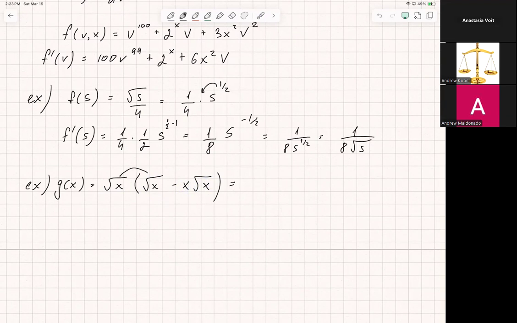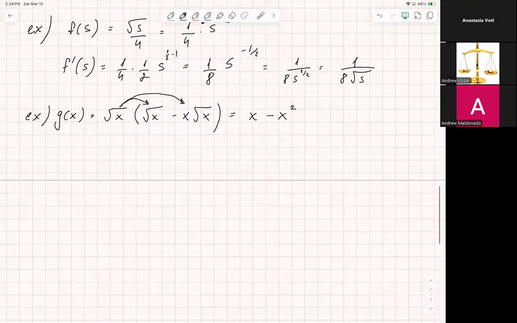So we just distribute the square root of x, and we have, okay, square root of x squared, right? So we have just x, and then minus x times square root of x times square root of x, that's going to be another x, so we have x squared in this case, right? Or if you want, you can write it as x to the power of 1 over 2 times x to the power of 1 over 2 minus x to the power of 3 over 2, and then just distribute that.